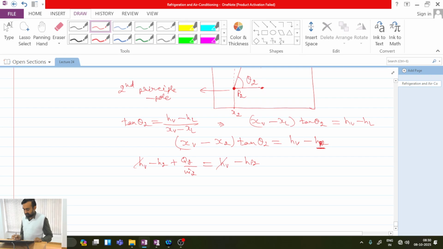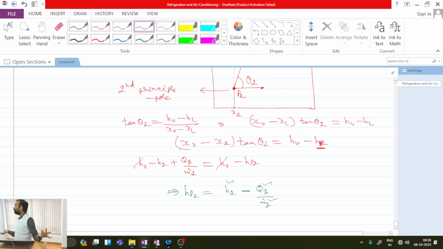Now HV is cancelling. So from here I will get HP2 equal to H2 minus QG by M dot 2. Now you see H2 is a fixed quantity, QG is a fixed quantity, M dot 2 is a fixed quantity for steady state operation.